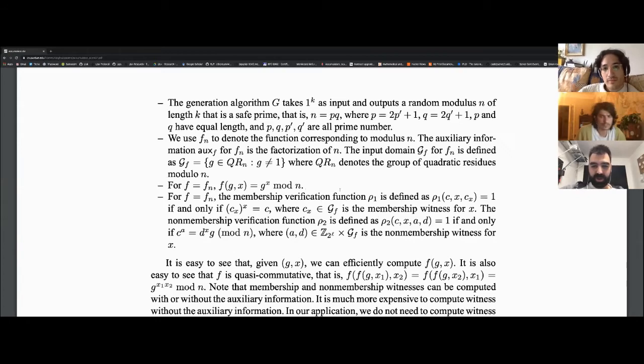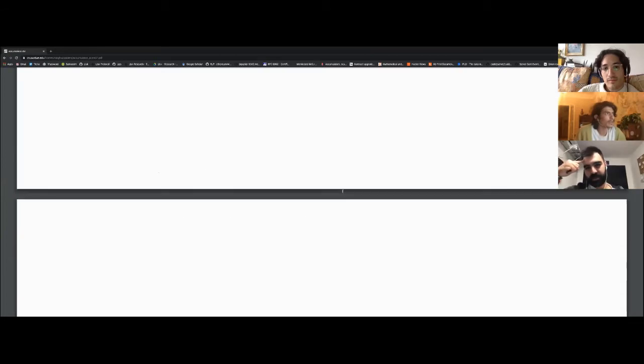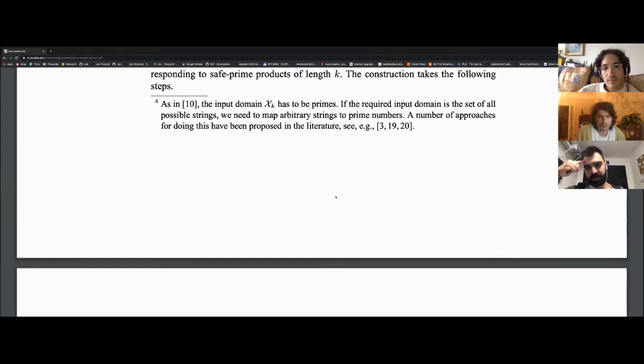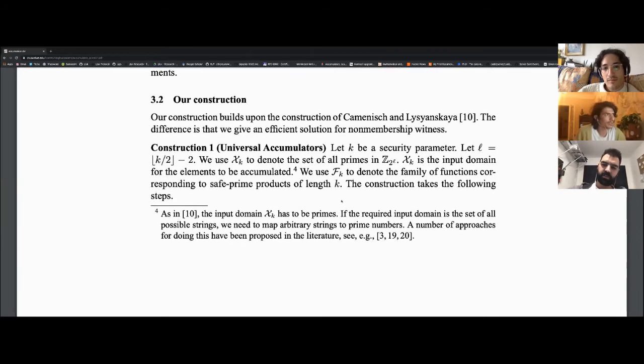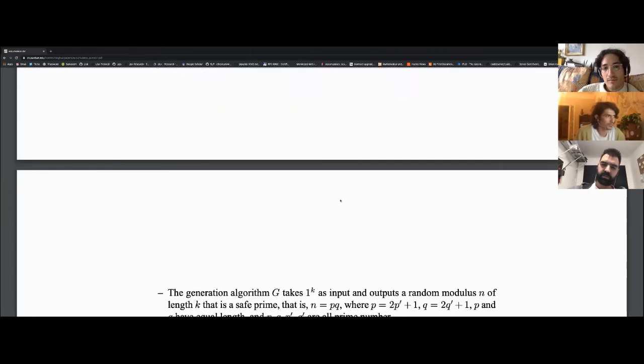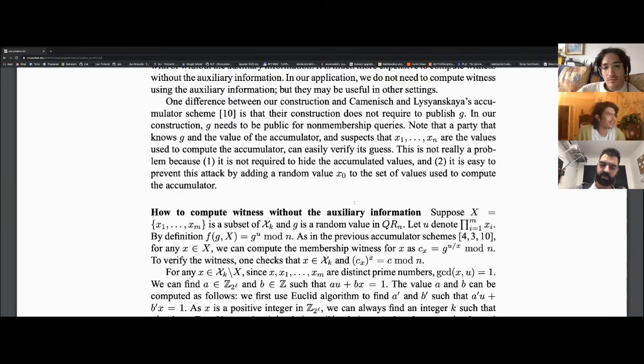It looks like there's two exponentiations you'd have to do. No? No. So maybe we'll get to how you update an accumulator in a second, so to the dynamic part, and that's simpler. But it works with the quasi-commutativity. Now, it's very difficult to do stuff without a whiteboard here, but okay.